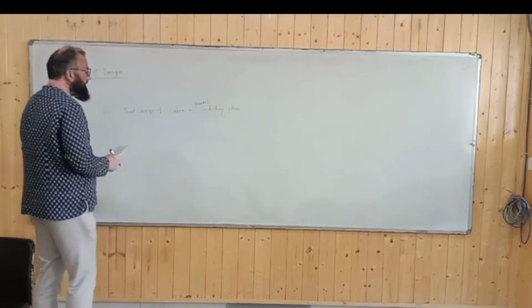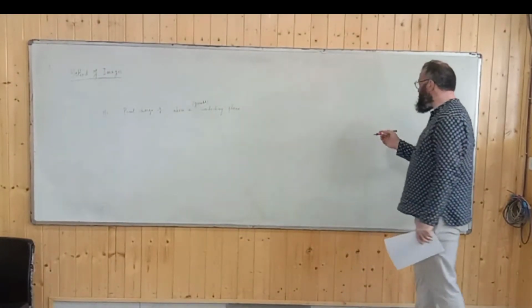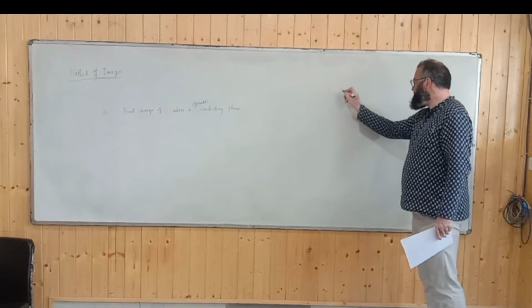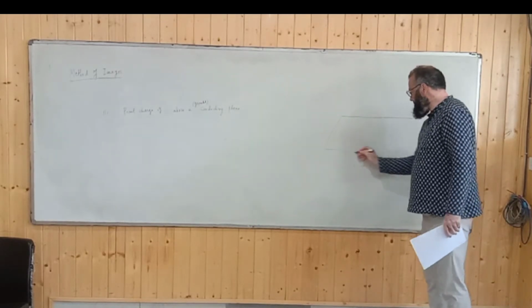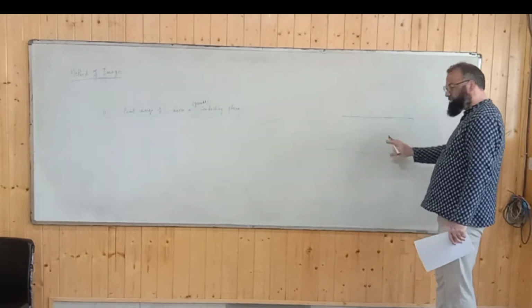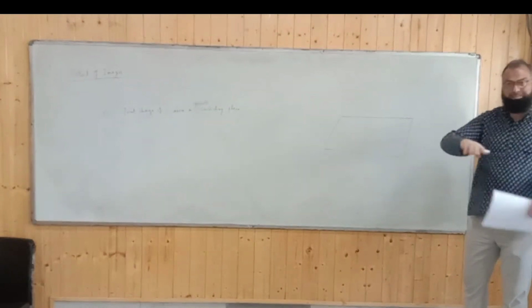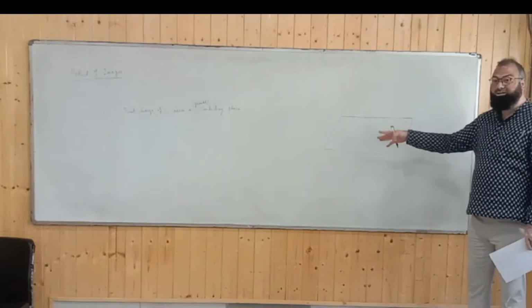So it's grounded. Let's take a plane. So you have this as a plane. Okay? It's infinite in extent. Think of a sheet of paper that is infinite in extent. Clear? Okay, so it's conducting in nature.